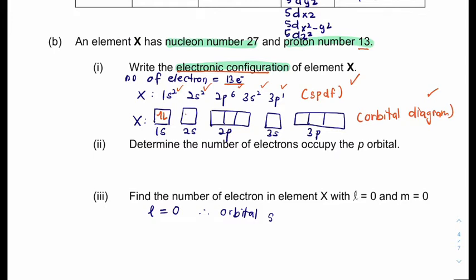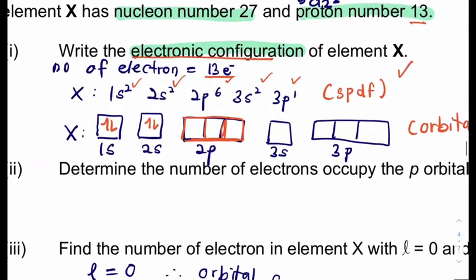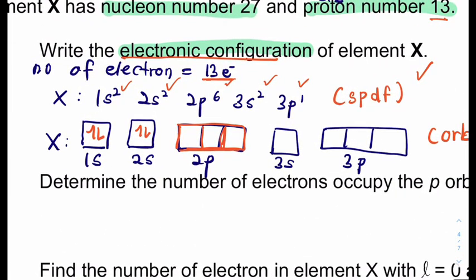Okay, so 1s, 2s. Bila ada 2p ni, kamu nampak tak di sini dia ada 3 degenerated orbital untuk 2px, 2py and 2pz. Okay, so bila ada degenerated orbital, you kena follow Hund's rule, which is electron will fill the degenerated orbital singly first and then pair.